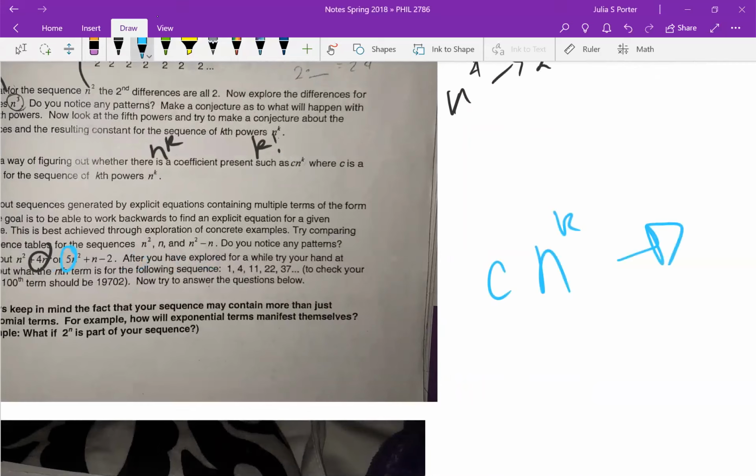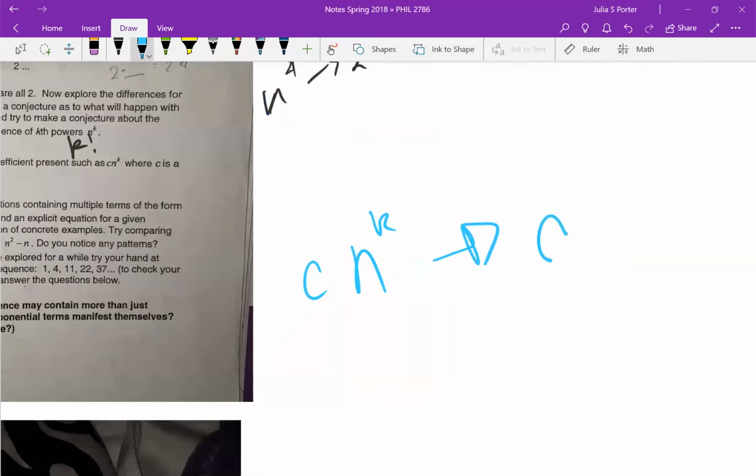The constant difference is c times k factorial. And yeah, that's how we did it.